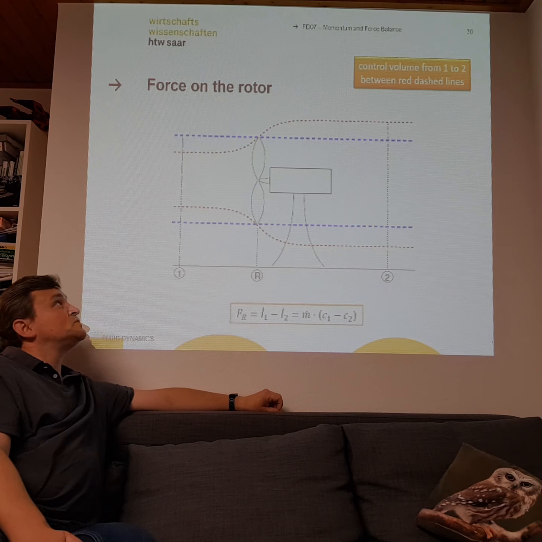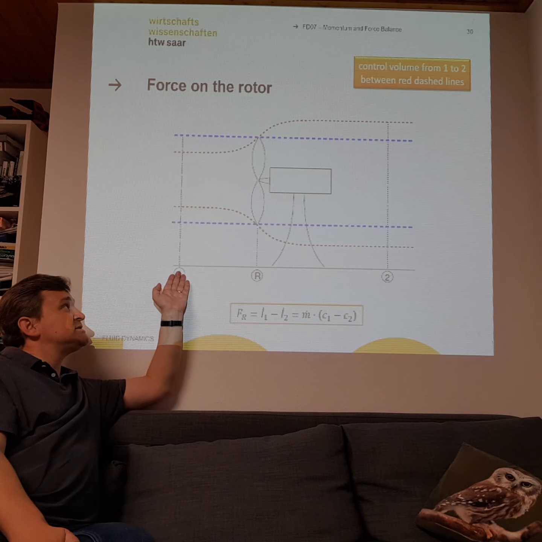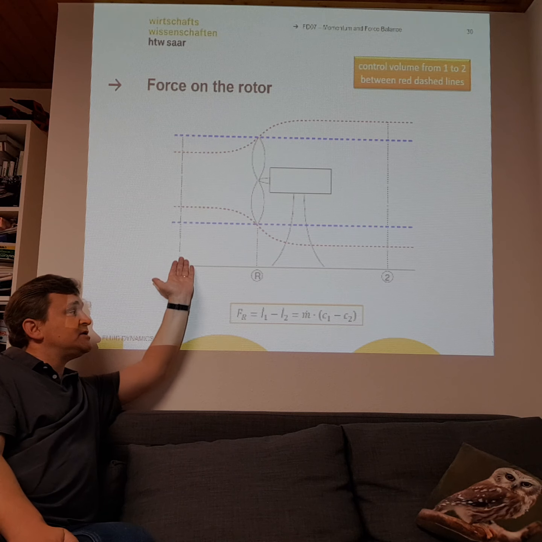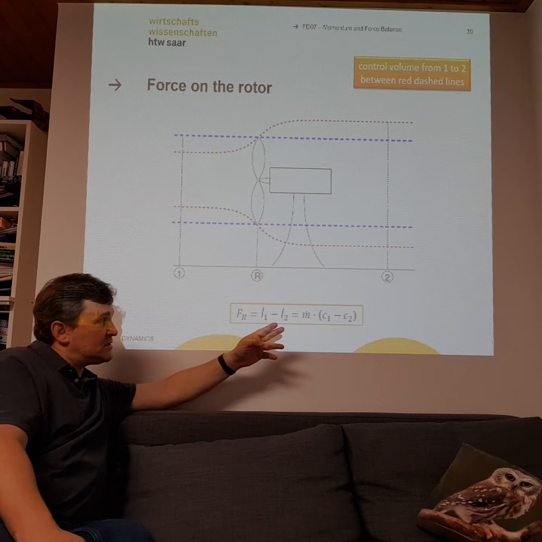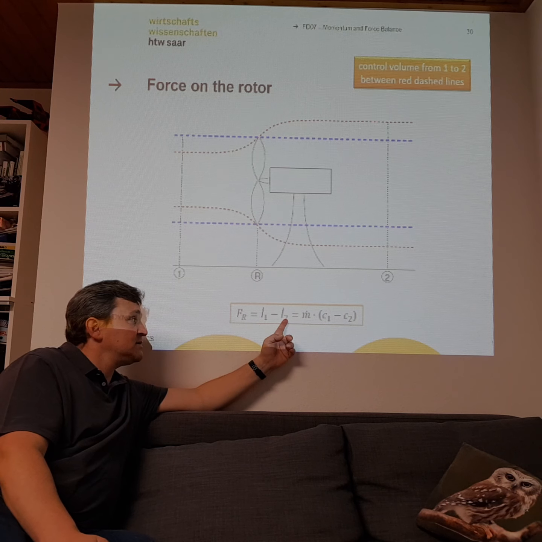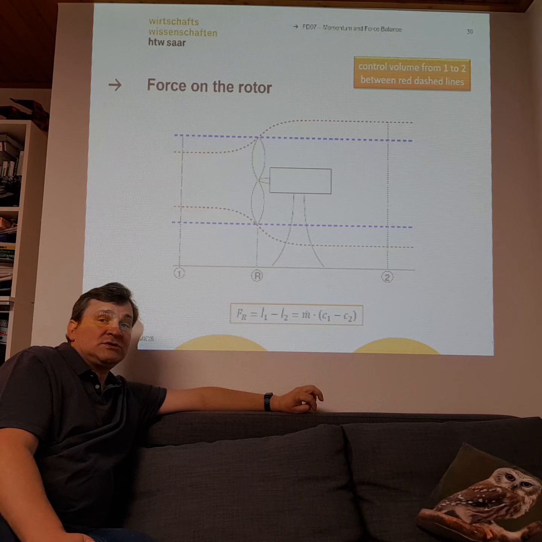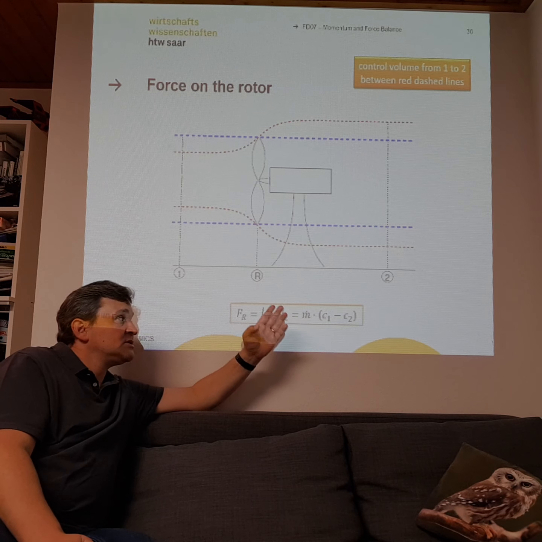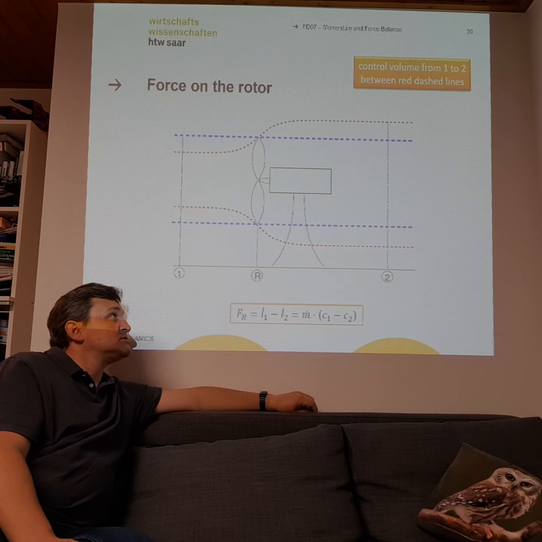And to get the forces we have to take into account the momentum that is inside our air column here in front of the windmill, subtracted by the momentum at the exit. And of course the momentum should be smaller after the windmill than it is before the windmill.